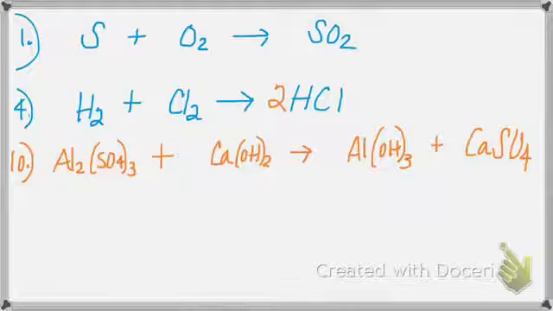Okay, so right now my metal of calcium is balanced, but my metal of aluminum is not. So the only way I can take care of that is by putting a 2 right here. Okay, so that's taken care of.